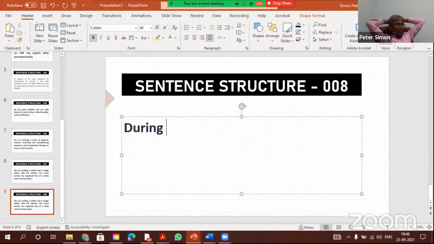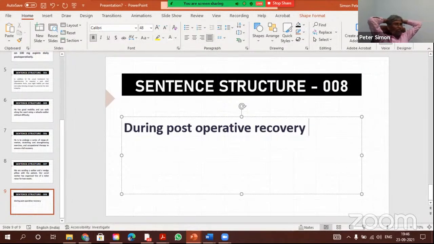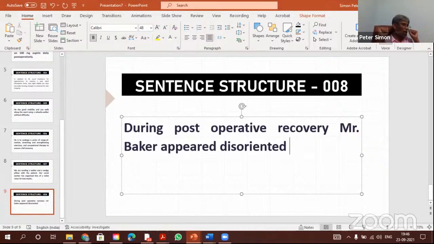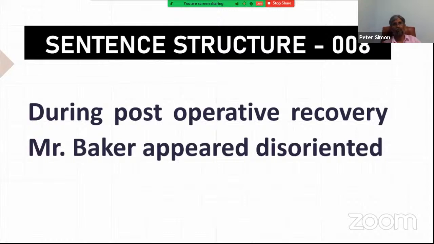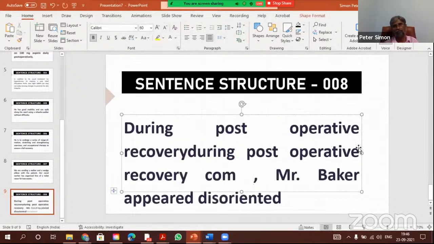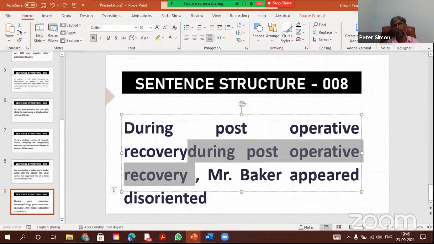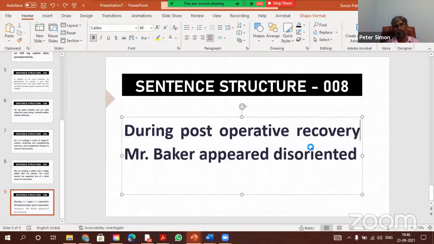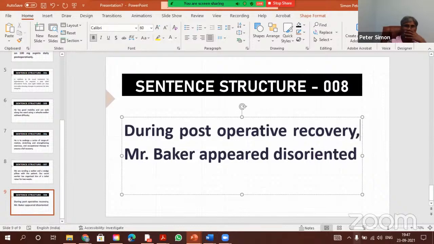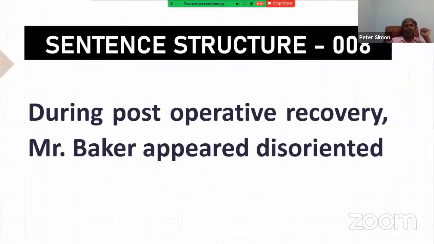During post-operative recovery, Mr. Baker appeared disoriented. During post-operative recovery, comma, during post-operative recovery, Mr. Baker appeared disoriented.